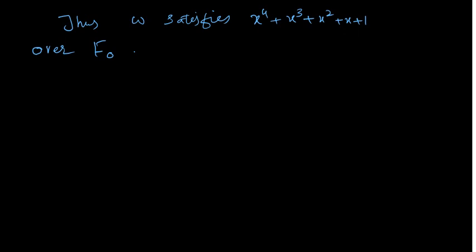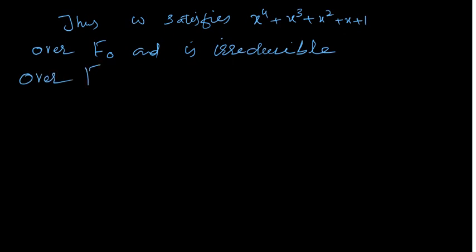So it's a polynomial over F naught, which is the field of rational numbers, and this polynomial is irreducible over F naught, and this you can see by Eisenstein's criteria.